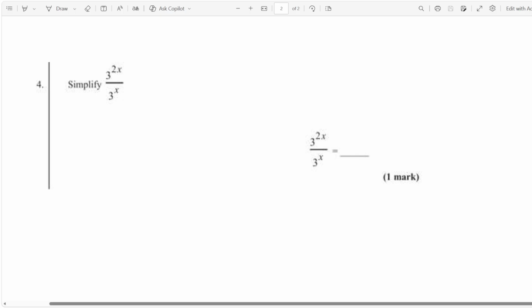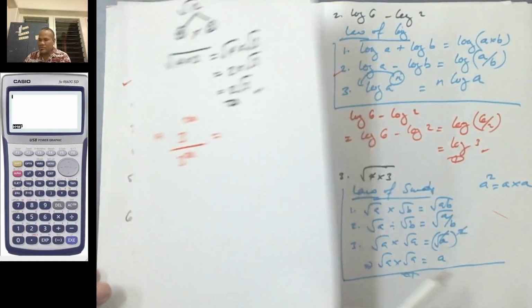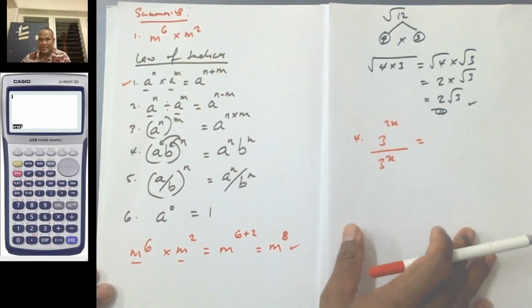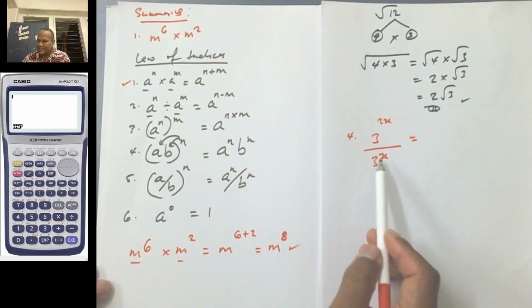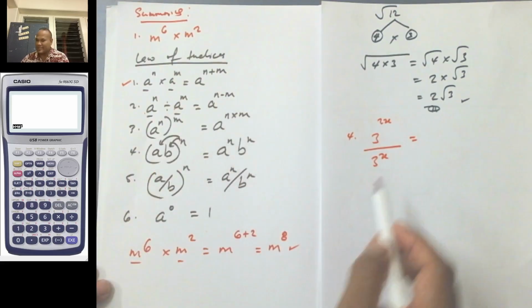The last question is question 4, that is 3 to the power of 2x over 3 to the power of x. In this case we solve using the laws of indices, and the laws of indices say if you're dividing with the same base, the powers get subtracted.